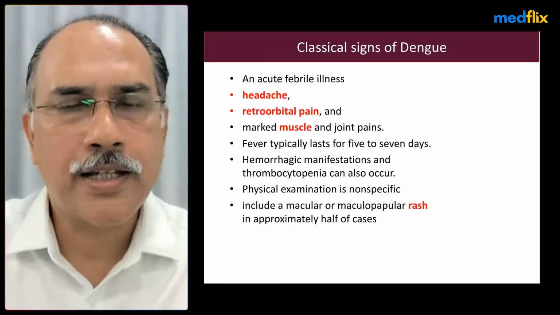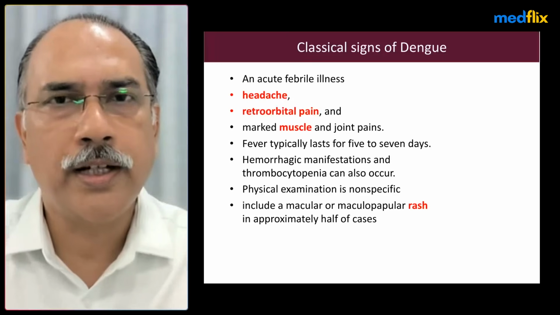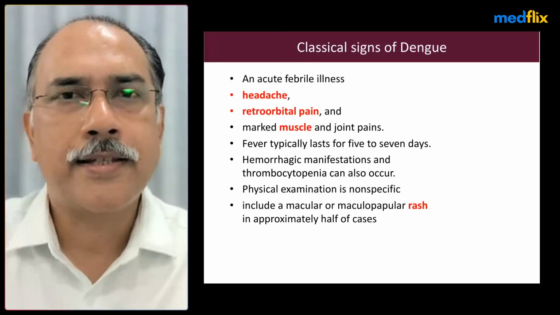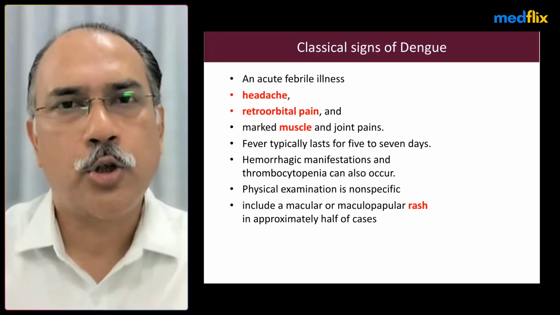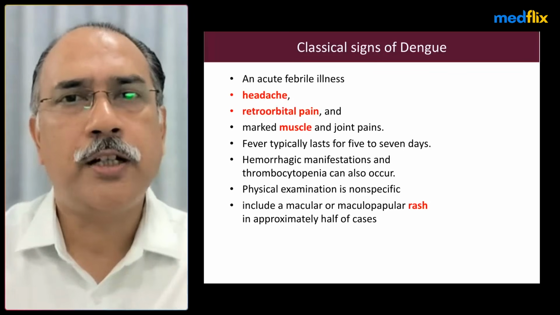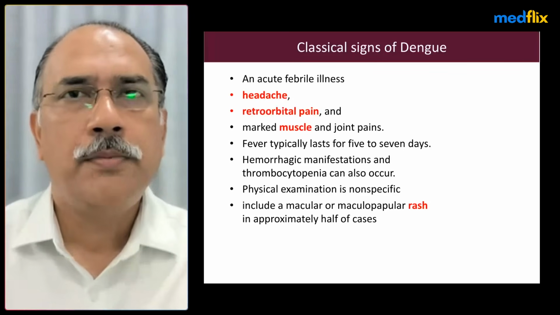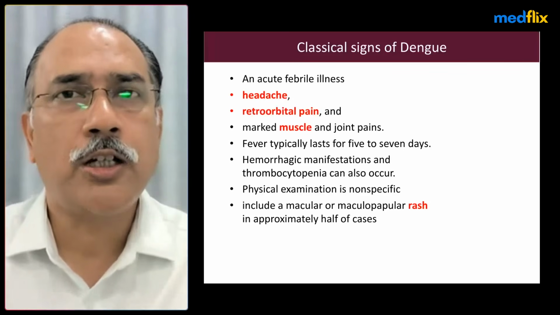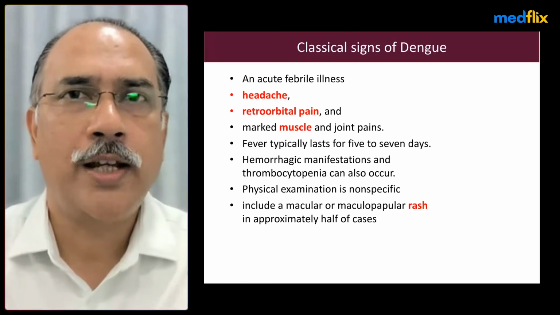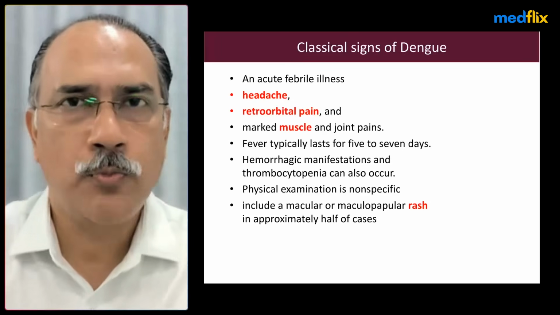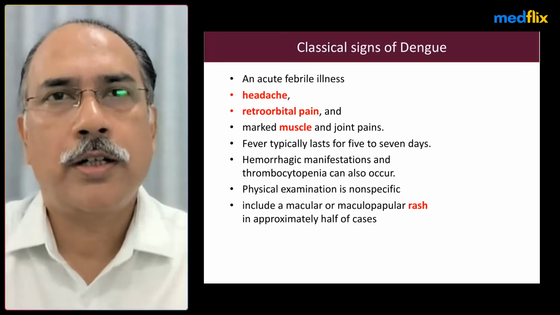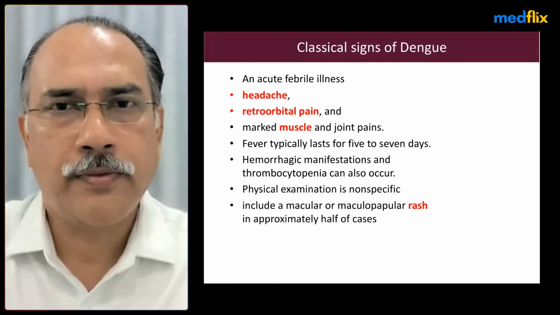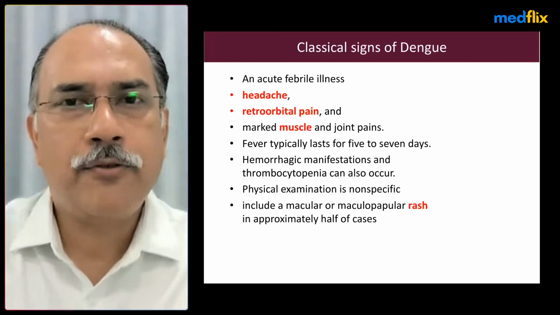And the classical signs of dengue, to call it dengue, would be an acute febrile illness, classical signs being headache, retroorbital pain, significant muscle pain. There may be some joint pain, but not classically joint swelling or joint movement restriction. Fever typically lasts 5 to 7 days.